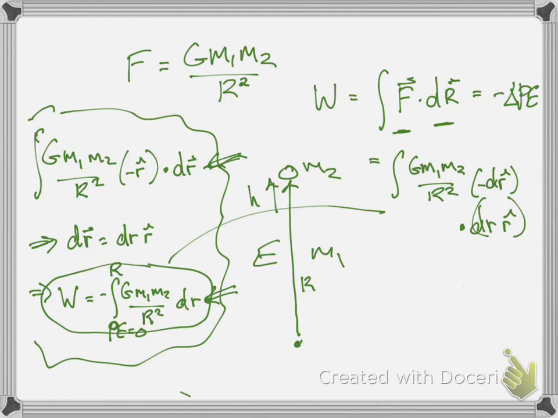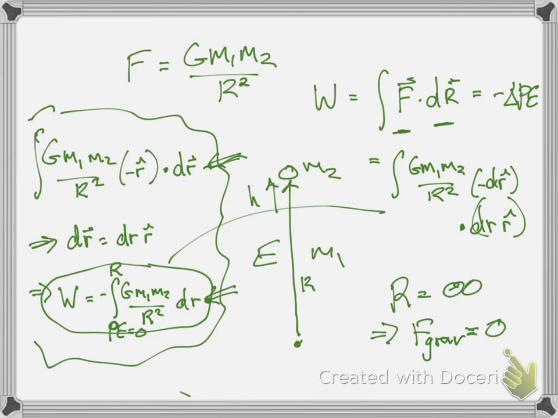Where does the gravitational force not impact a body at all? When does the gravity go away? The gravity goes away when r equals infinity, when we're infinitely far away from the planet. Therefore, the force due to gravity is equal to 0. That is the only place that the force due to gravity is equal to 0.